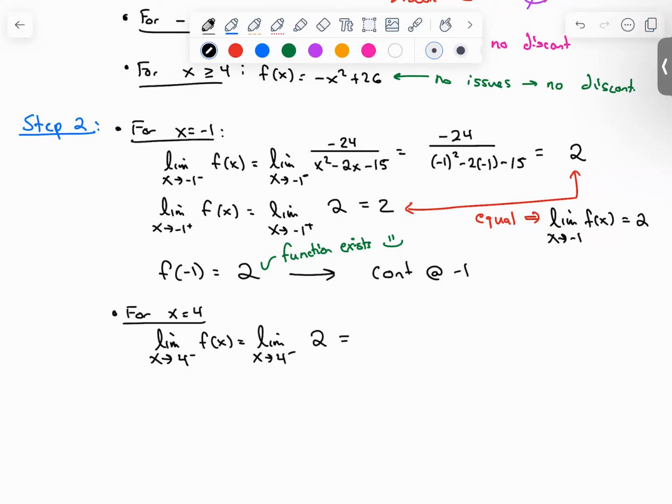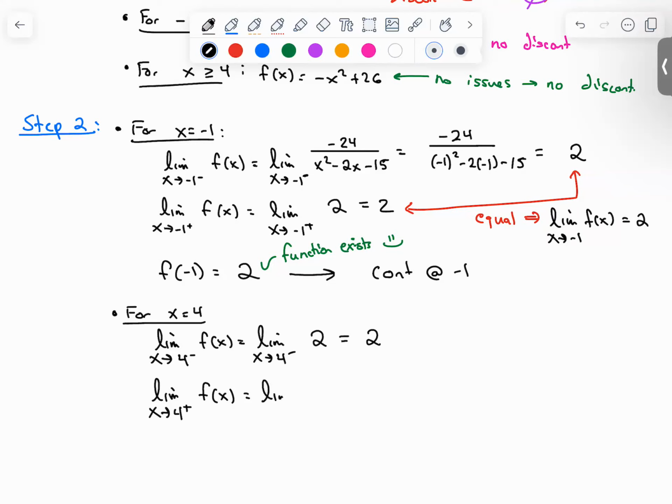And the middle function was the constant function, so that will just be a limit of 2, which will be itself. Secondary, limit as x approaches 4 from the right of f of x. In this case, we would be using the final function, the bottom one, because we're approaching 4 from the right, so slightly larger numbers.